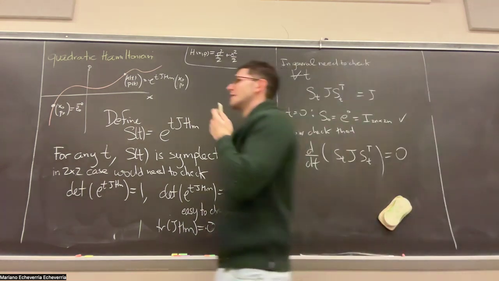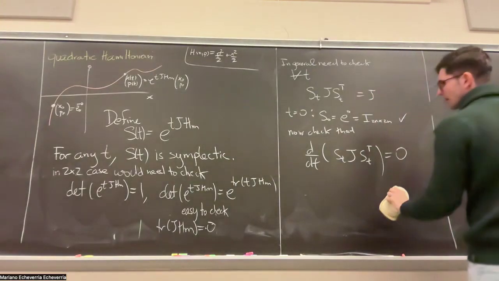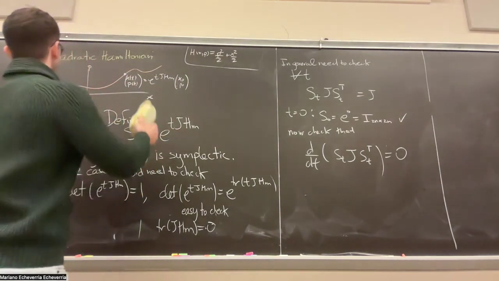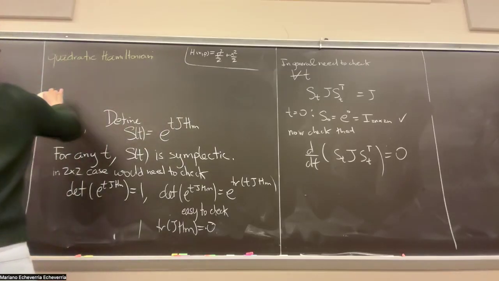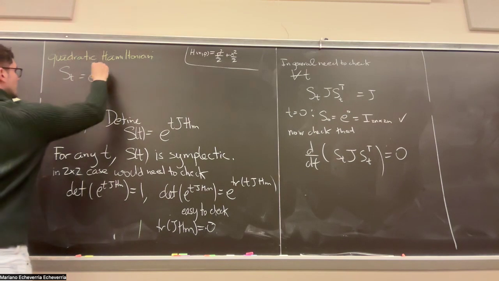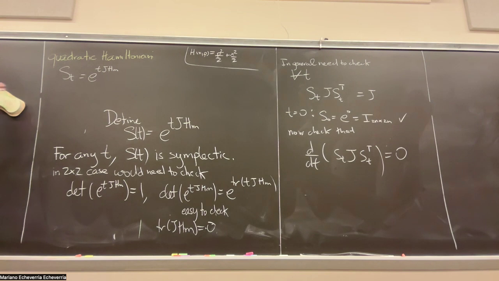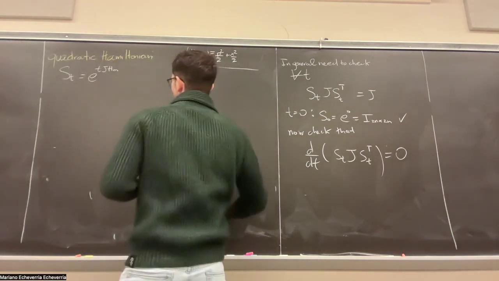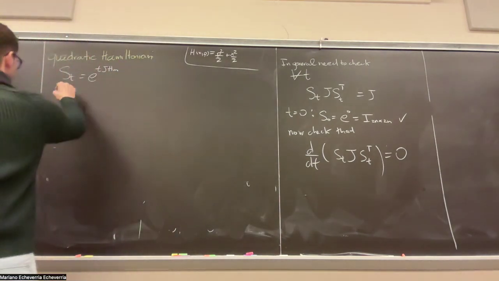So let's do that. Let me put the definition of the matrix S of t here at the top before I erase this part. So S of t is e to the t J H. What is the derivative with respect to time of that thing?